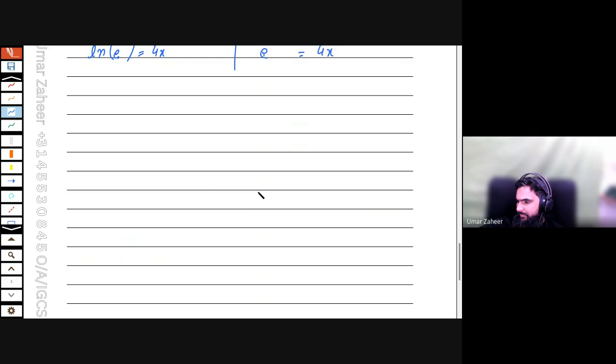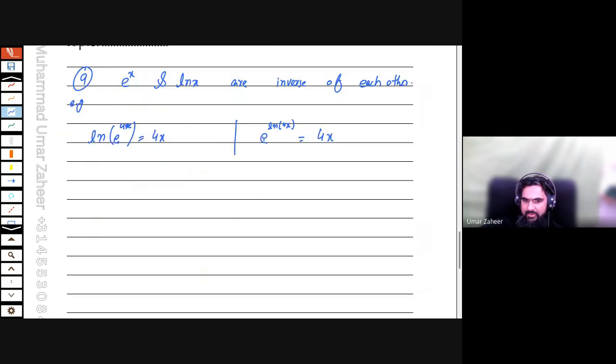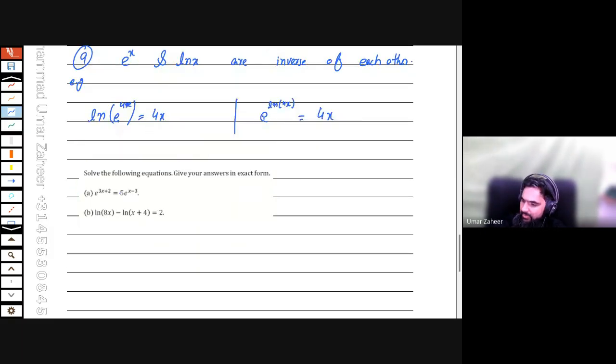All right. Now this is all the basics that we are going to be talking about. We have to go for the question. Okay, now he says to solve the following equations, give your answer in exact form.